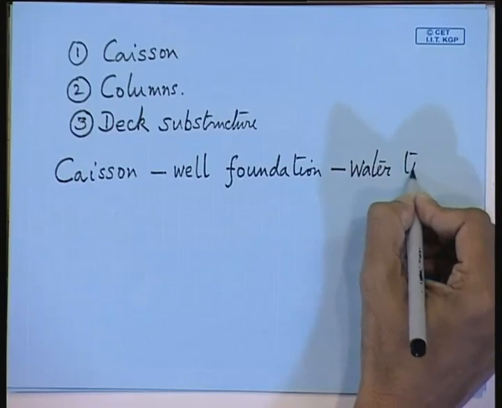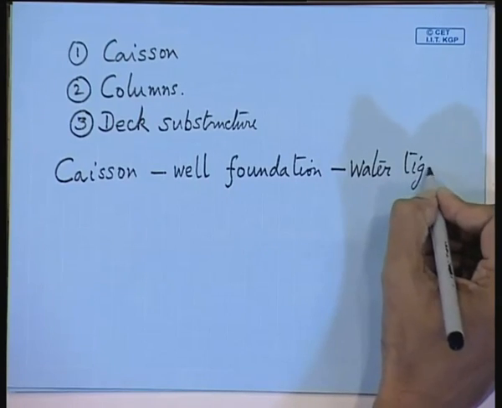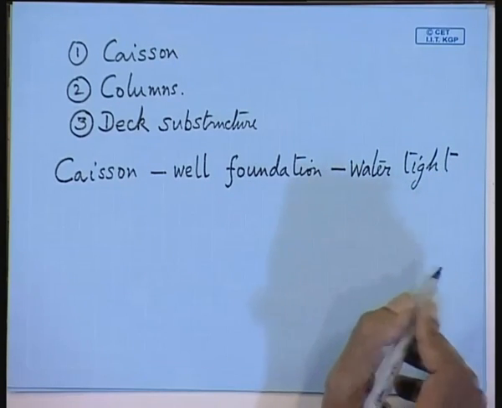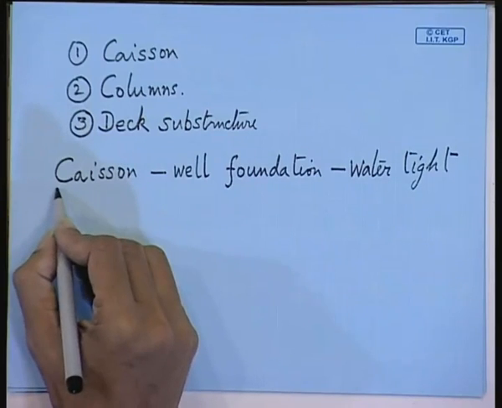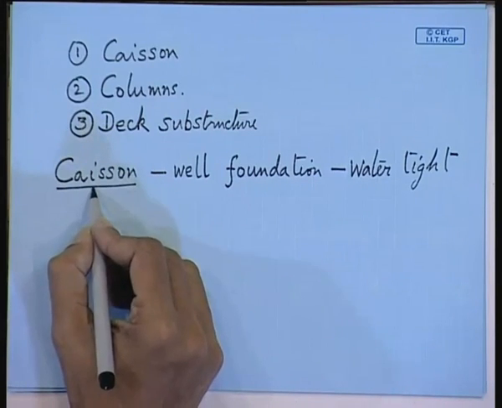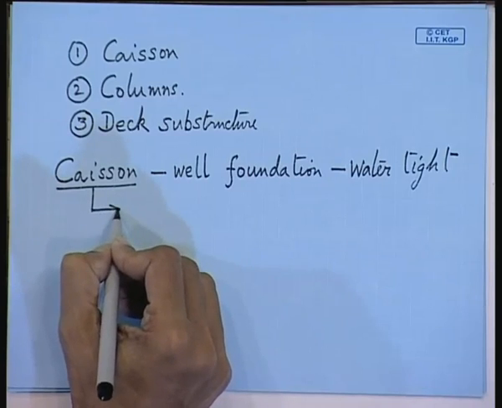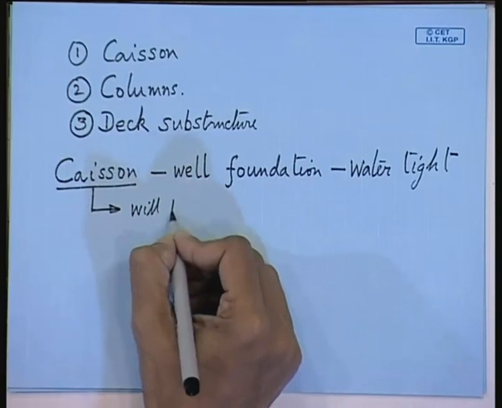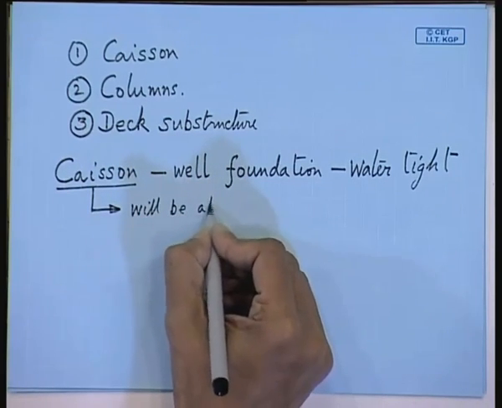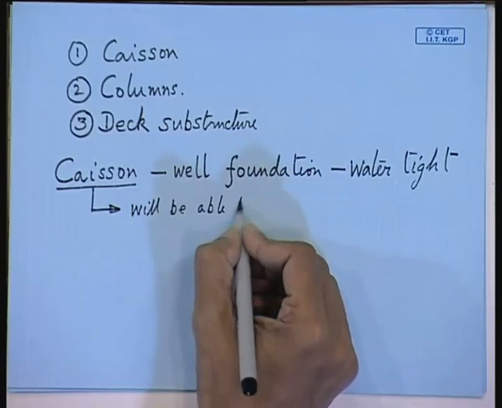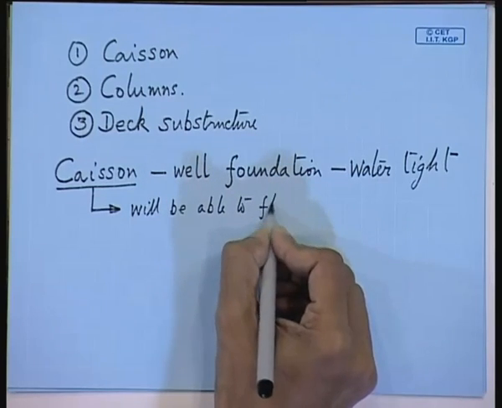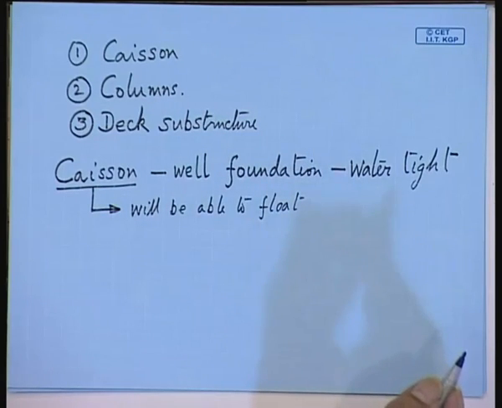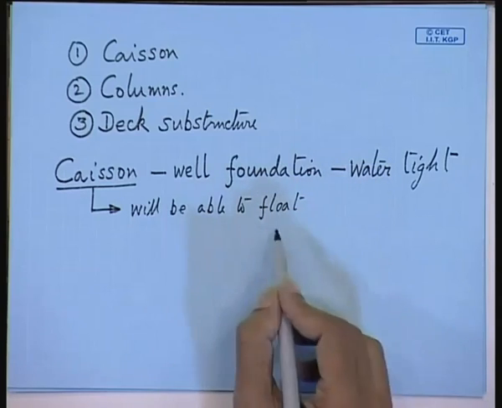You may have an open well foundation, but that is not used in gravity structures. So these are the watertight categories. That means the caisson by itself will be able to float. This is why we are making a closed caisson.